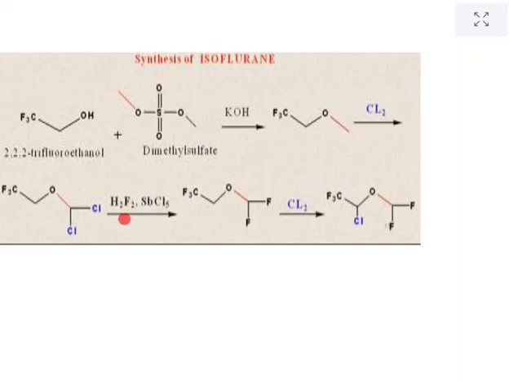You can get the names of these different products. You can look for their names. So you start with that, and you add potassium hydroxide, you get that product. You add chlorine. This should not be a capital L, a simple L. Add chlorine, you get the dichloro product, and then now you use hydrogen fluoride.